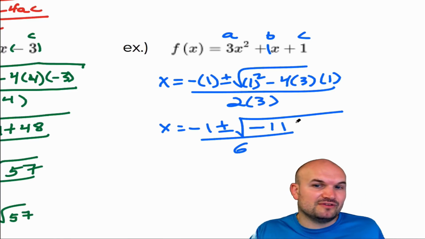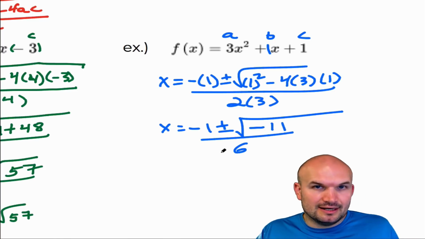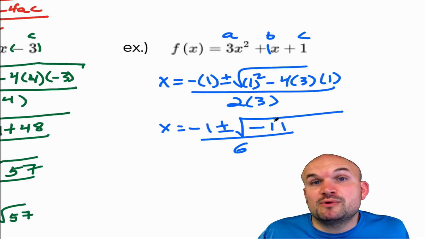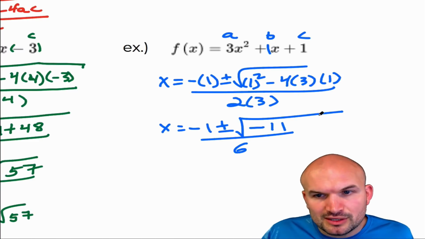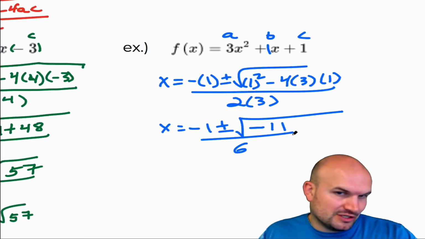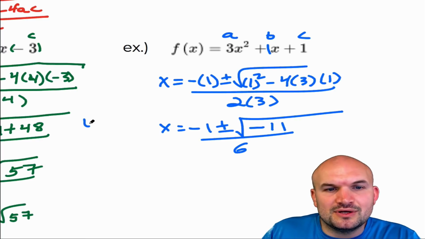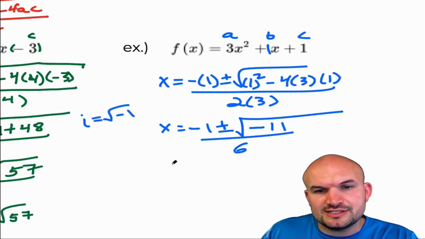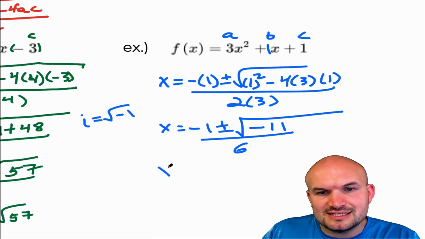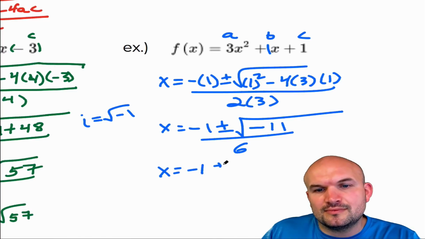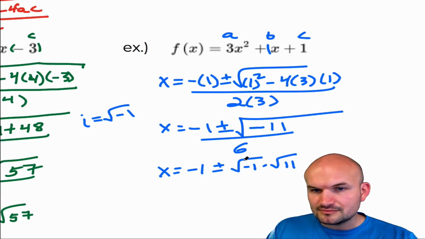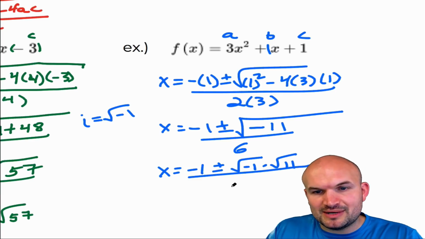Now, again, negative 11, we can't simplify, nor can we take the square root under our real number system. So therefore, we could talk about our imaginary number system again, and remember that i is equal to the square root of negative 1, our imaginary unit. So I could rewrite this as x equals negative 1 plus or minus the square root of negative 1 times the square root of 11, all divided by 6.